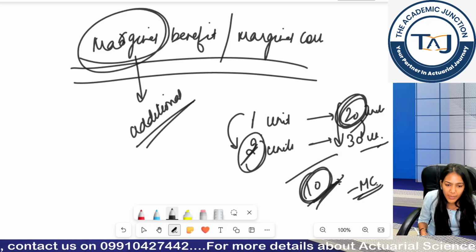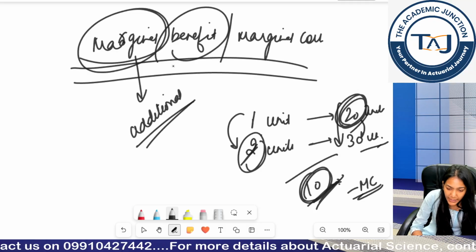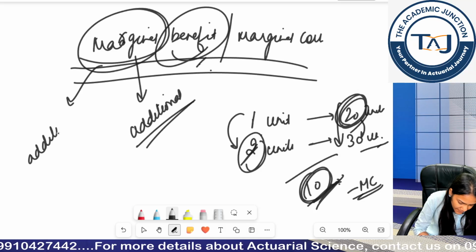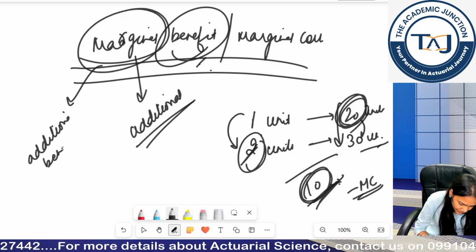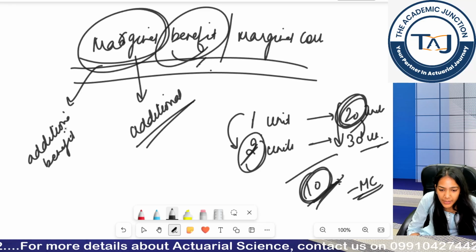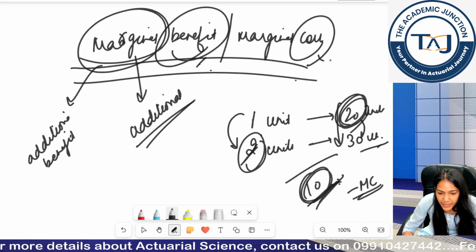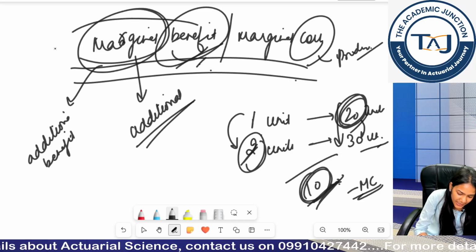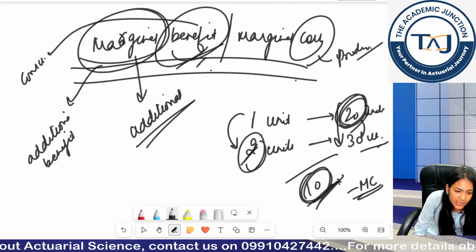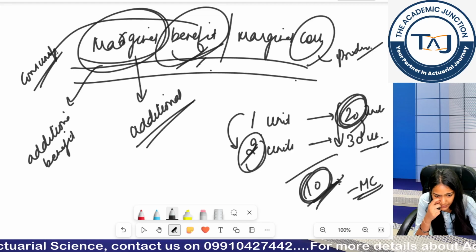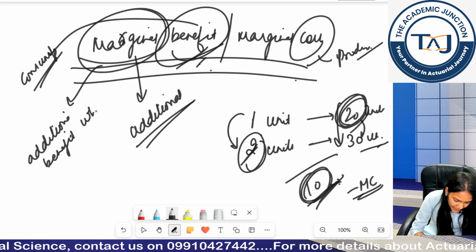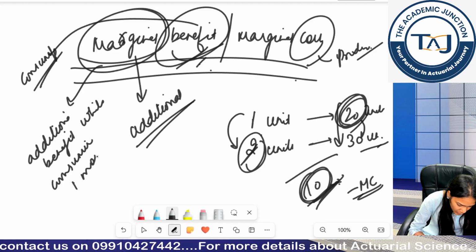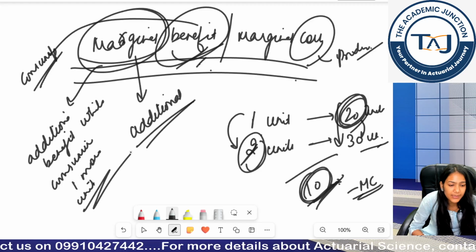Similarly, if I talk about marginal benefit, here I would be getting the additional benefit. And how do you get the benefit? Cost is incurred when you produce something, so this comes in production, and benefit is something you get while you consume something, so this is in consumption. So it is the additional benefit while consuming 1 more unit of goods or services.